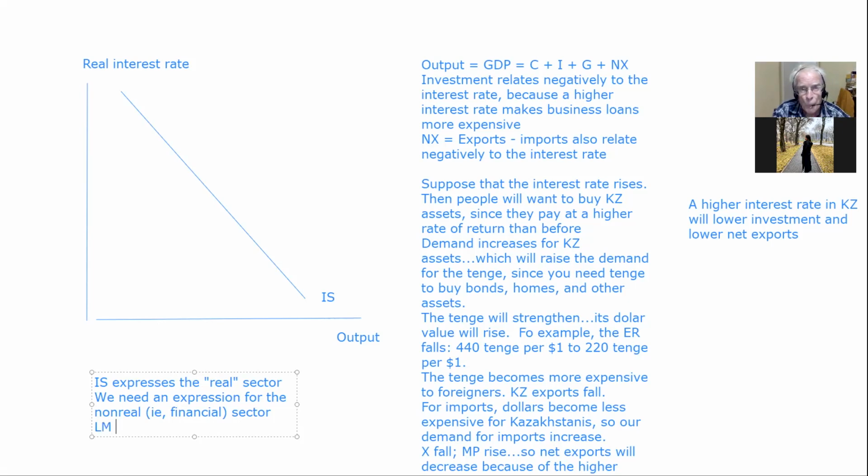At this time, we will assume that there is no trade between Kazakhstan and other countries. We will assume that everything bought and sold occurs within the borders of the country. We have a closed economy.